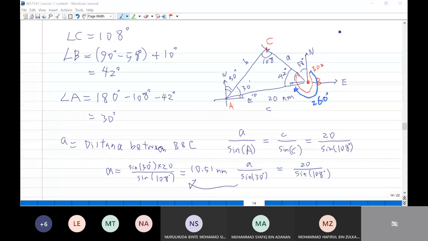The speed of vessel Y is the distance between BC over time. So distance between BC over time. Distance between BC we find out is 10.51.